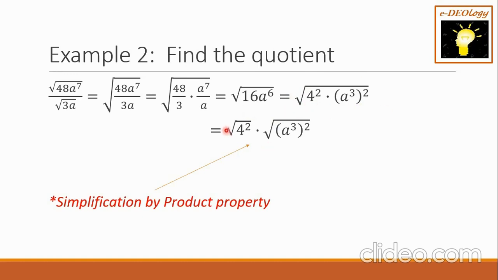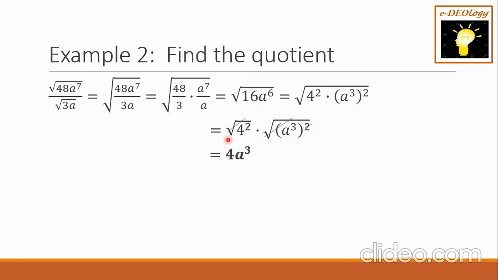So you see we now have the square root of 4 squared times the square root of the square of this a cubed. And then we can cancel the square root and the square in this first factor. So only the number 4 will come in the final answer. Also with the second factor, we cancel the square root and also the power 2, only the a cubed will come down here. So the final answer is 4a cubed.